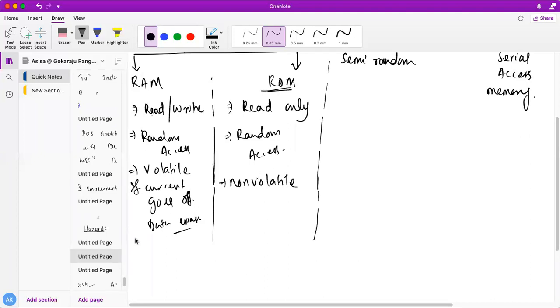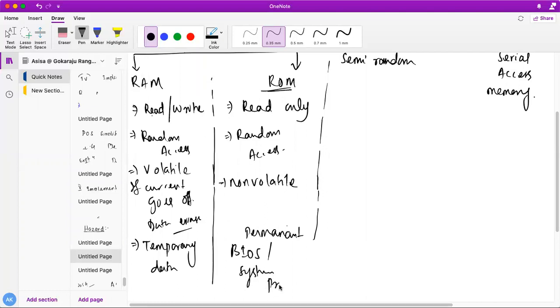RAM is mainly used for temporary data, and ROM is for permanent data. The BIOS of the system, the system programs, the OS, all these will be stored in ROM, read only memory, because it's non-volatile and will not lose data if current goes off.